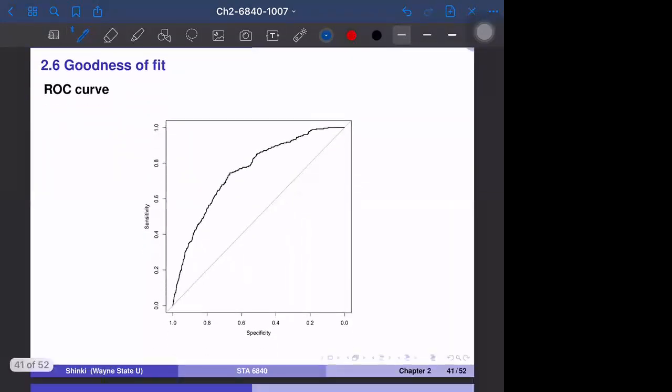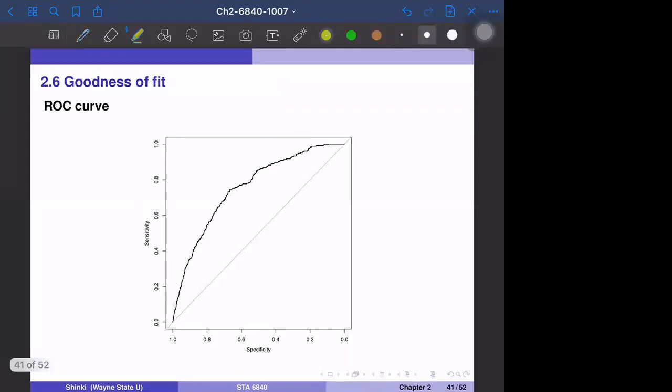And the ROC curve looks like this. Here we have specificity and sensitivity, but specificity goes from 1 to 0. So if we think about 1 minus specificity, then that is 0, 0.2, up to 1. And 1 minus specificity is the proportion diagnosed as positive among actually negative patients.